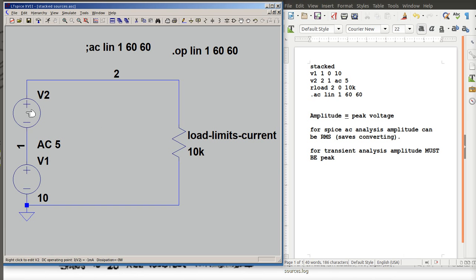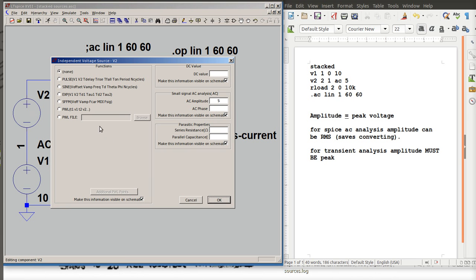When I do the transient analysis, I have to go in and specifically say what my AC is. And my AC is actually a sine wave. If I wanted to do a square wave or a triangle wave, you would do it with pulse, and you have to analyze the waveform as far as delay time, rise and fall.